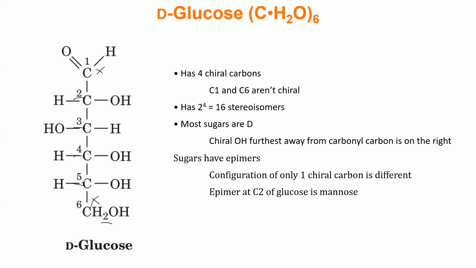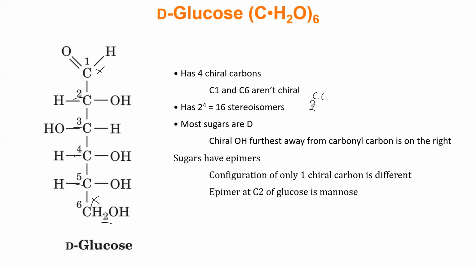When it comes to sugars, we have what are called stereoisomers. A stereoisomer is a sugar that has the same number of carbons, but the chirality of the carbons is different. The quick math for this is 2 to the power of how many chiral carbons you have.